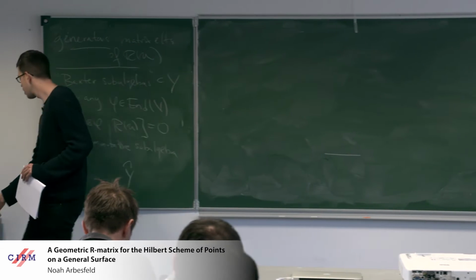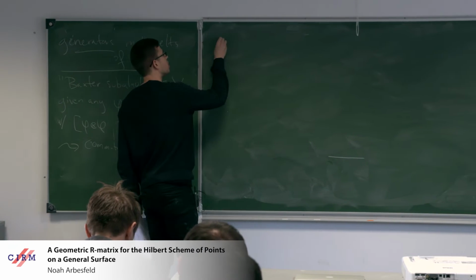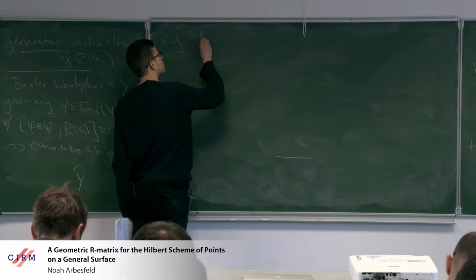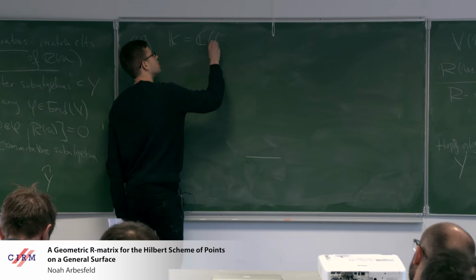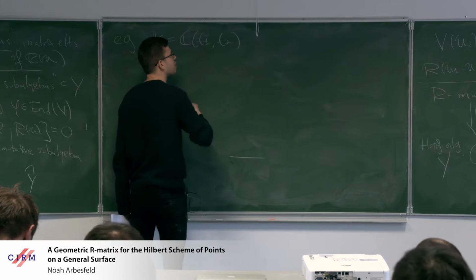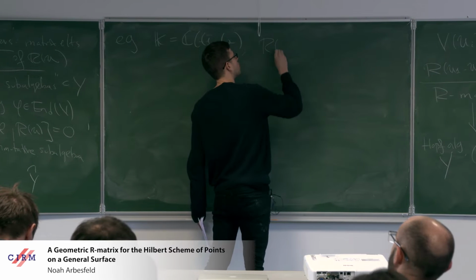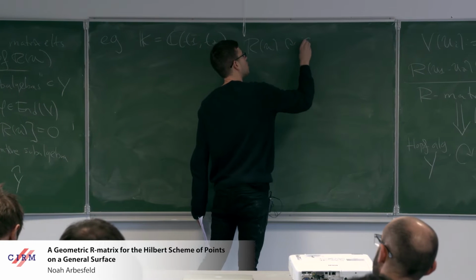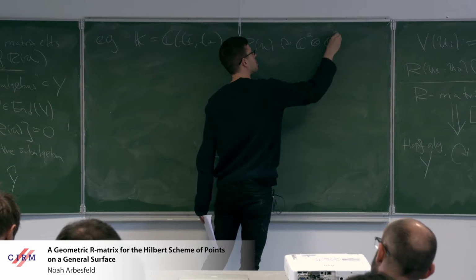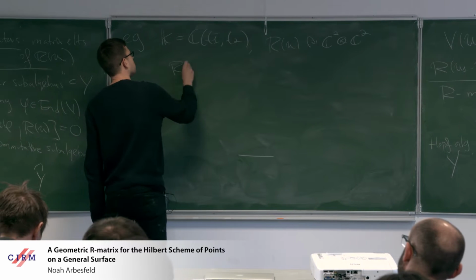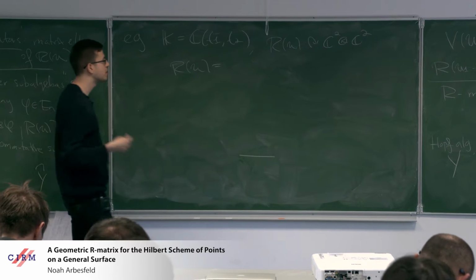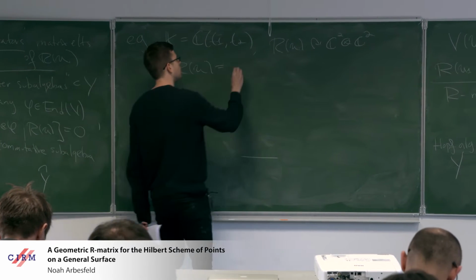Okay. So for example, if my field is the field of rational functions in two variables, and my vector space is C^2, one example is the familiar R matrix associated to the XXX spin chain.